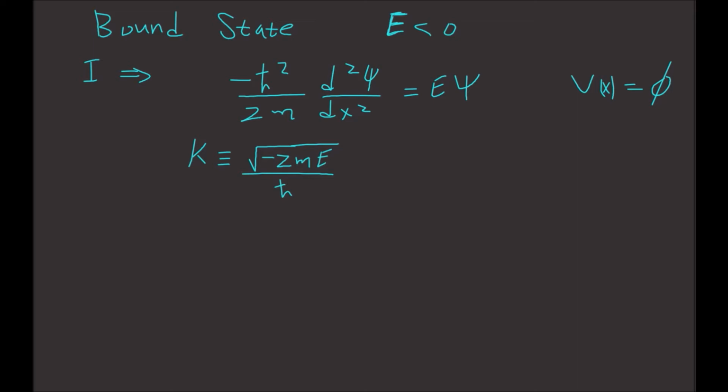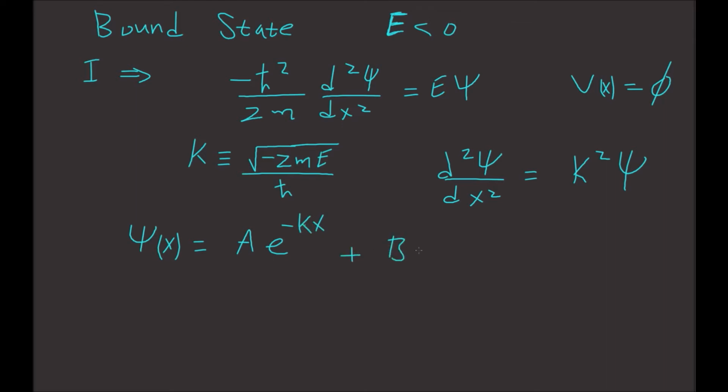So the equation is the second derivative of psi with respect to x equals k squared times psi, and the general solution for this is psi(x) equals A e to the minus kx plus B times e to the kx.